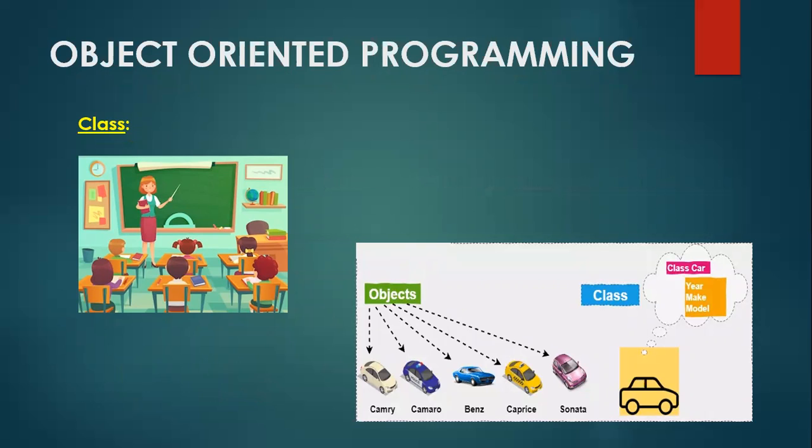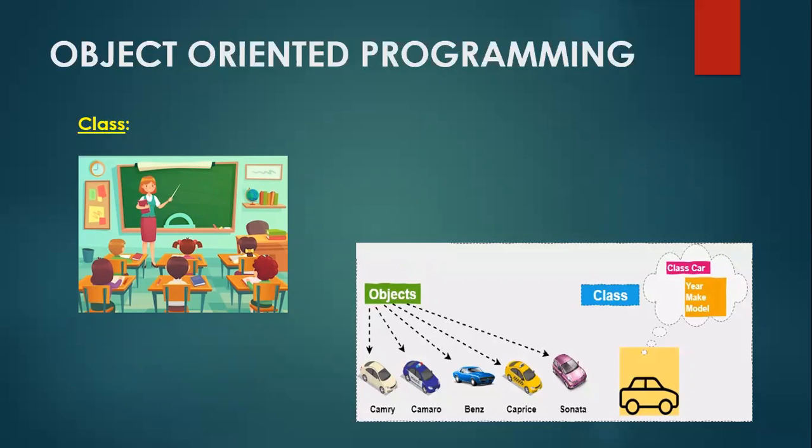The first picture, a group of students, is commonly called by the name class. And the second picture has different cars, all with different colors, different models, different costs. That means the properties are common, but the values of the properties are different. And all these objects have some specific behavior also.